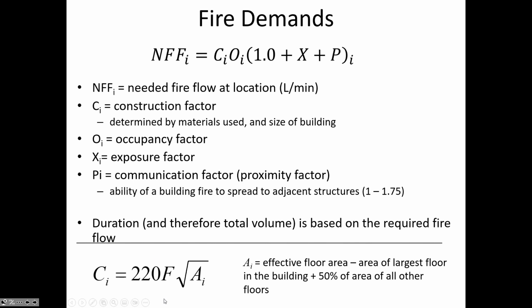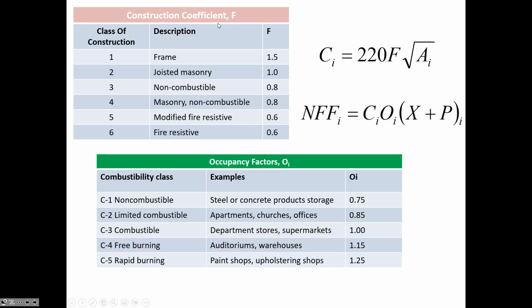And then the F value, the construction coefficient, you can see how different types of construction materials could scale down the fire requirements. And so if the F value is proportional to C, and C value directly inputs the needed fire flow, what you can see is if you had frame construction compared to fire-resistant construction, you may have 3 times as much needed fire flow.